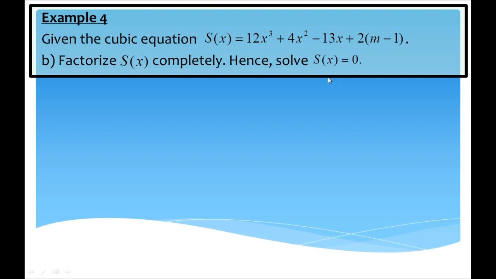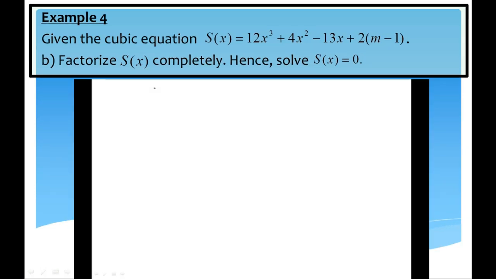Now proceed with example 4b. Factorize Sx completely, hence solve Sx equal to 0. Just now we have Sx equal to 12x cubed plus 4x squared minus 13x plus 2m minus 1.